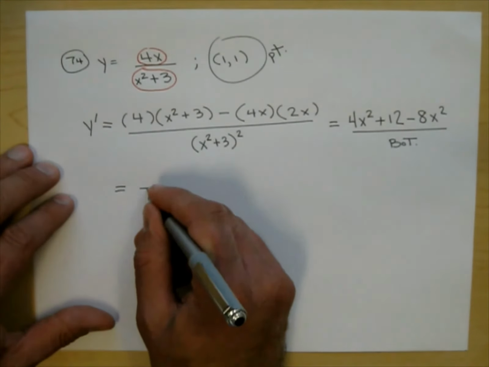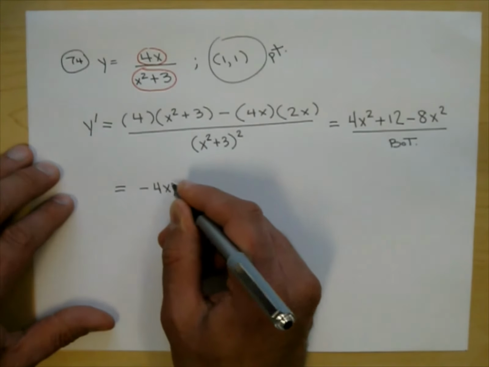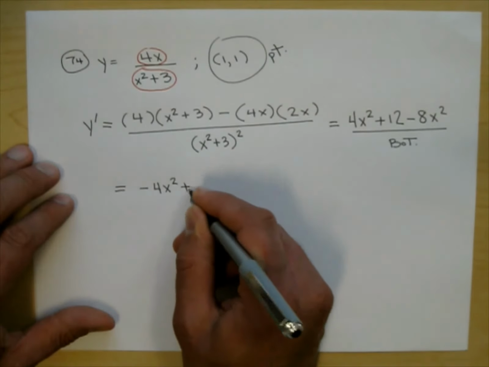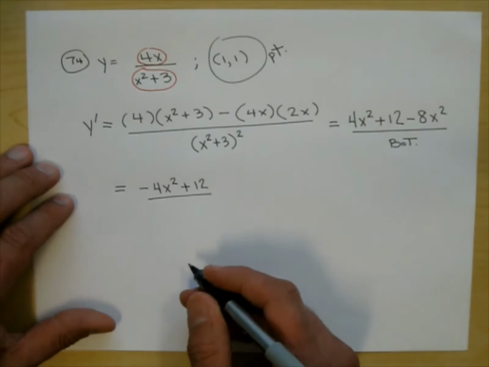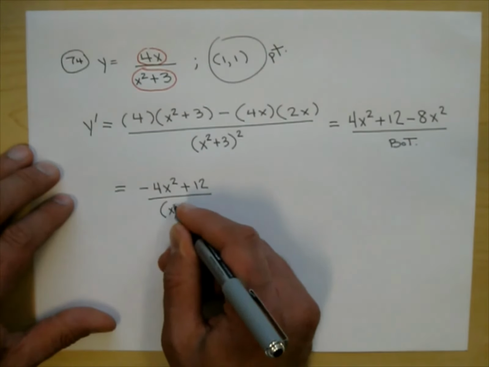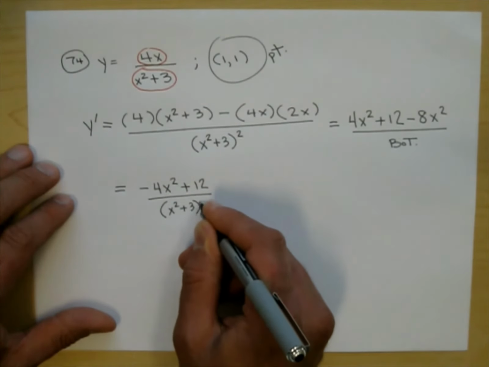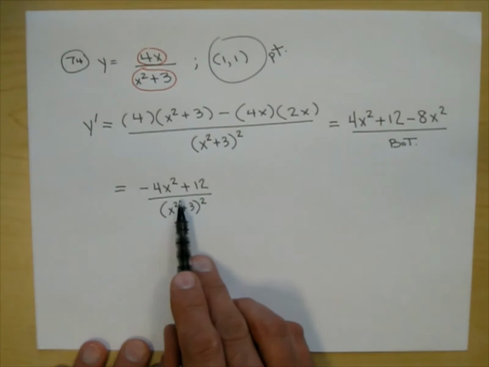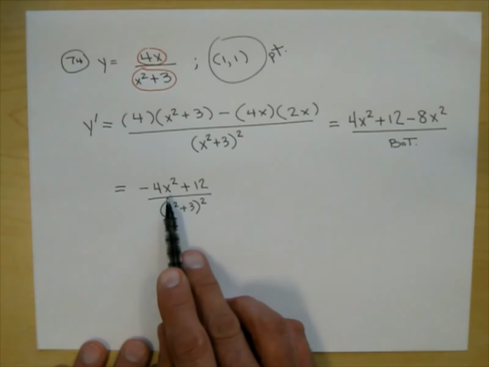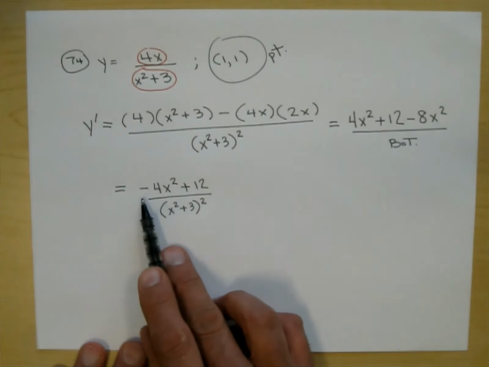So we have negative 4x squared plus 12 all over the bottom. Now, yes, it's true that I can factor out a 4.